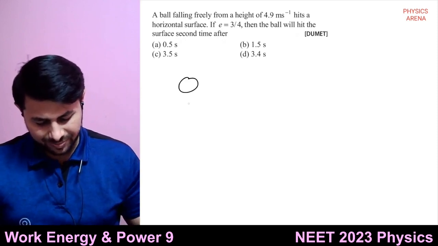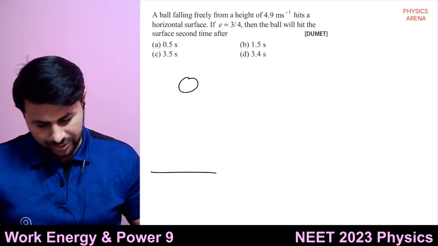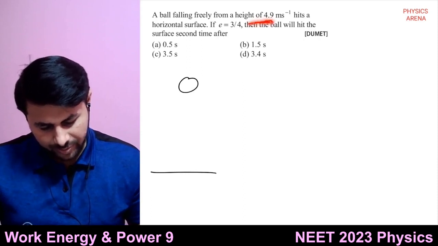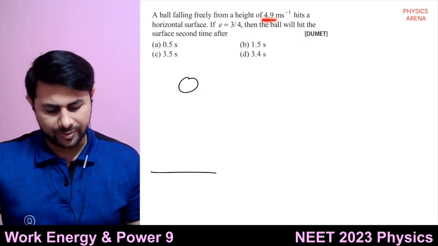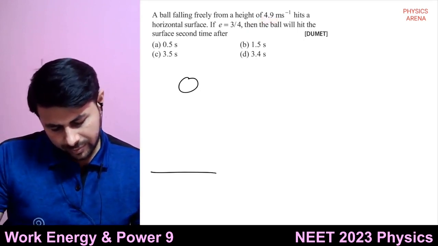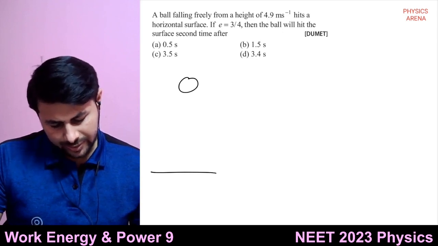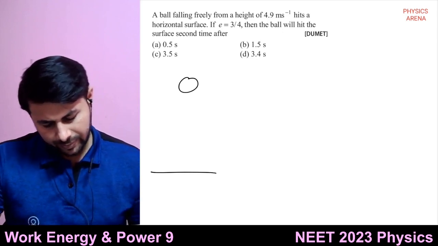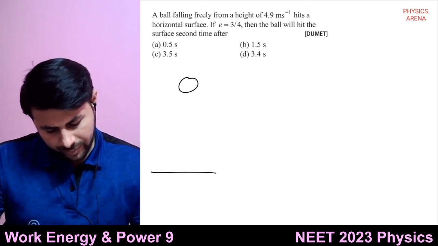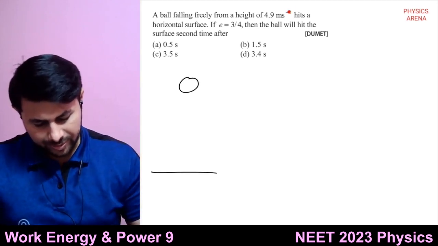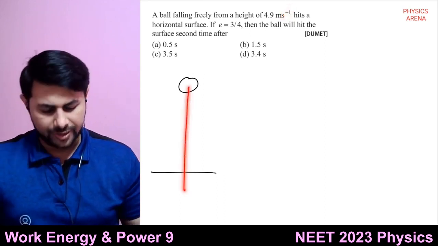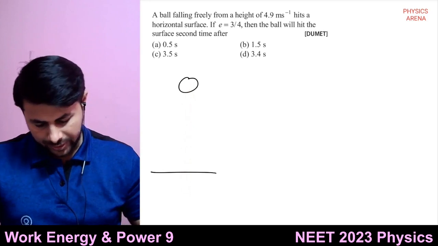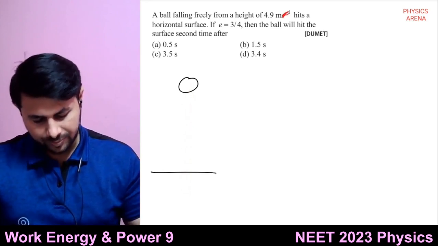There is a ball which is released from a height of 4.9 meters. Actually, this is not meters per second, it should be meters. It falls from this height of 4.9 meters.